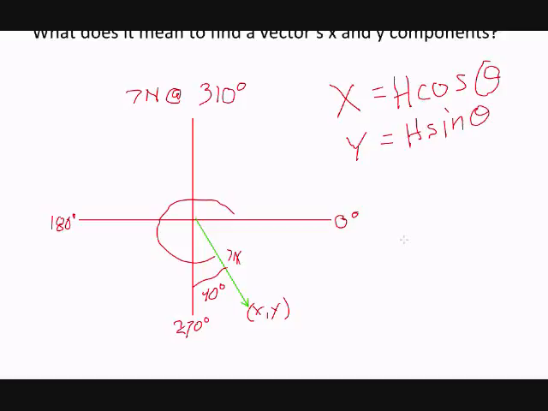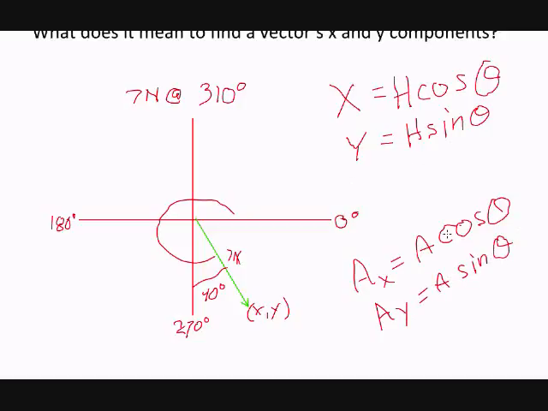Now, if you look on your reference table, it'll give you a little bit stranger formula, but I assure you it may look scary, but it's quite friendly. Ax equals A cos theta, and then Ay equals A sine theta.